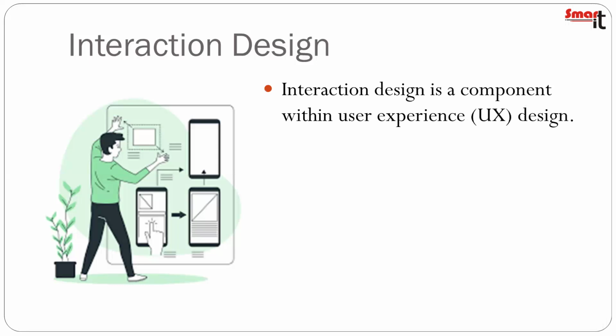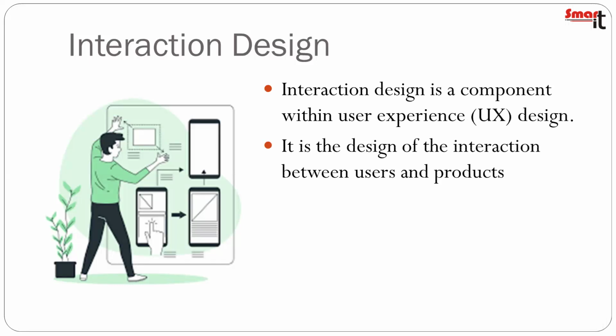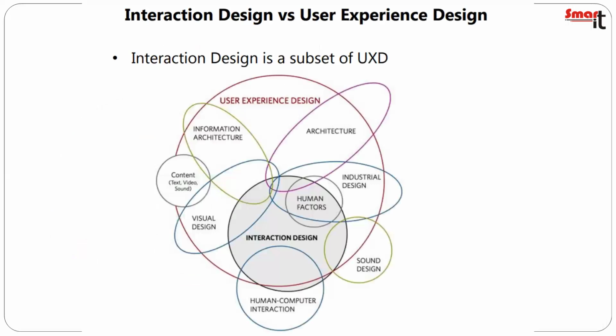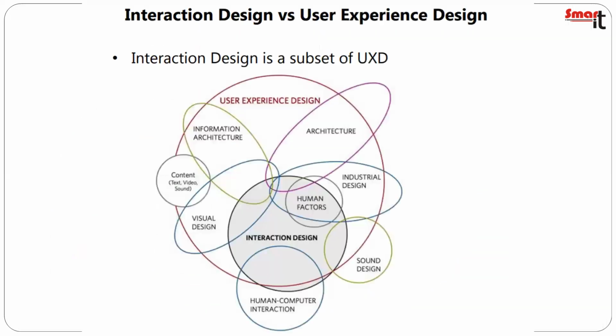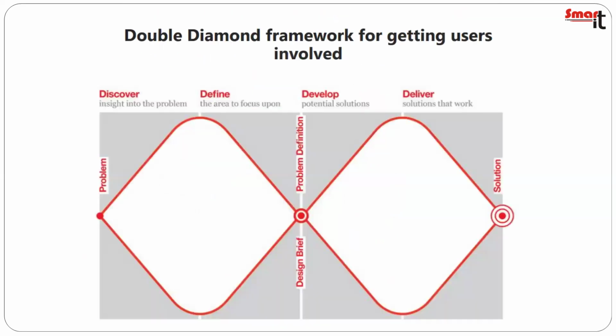When we are doing interaction design, we have to consider more about UX design, and we have to understand how the user performs actions. Then according to that, we design the interaction. Interaction design is a subset of user experience design, just a subset.